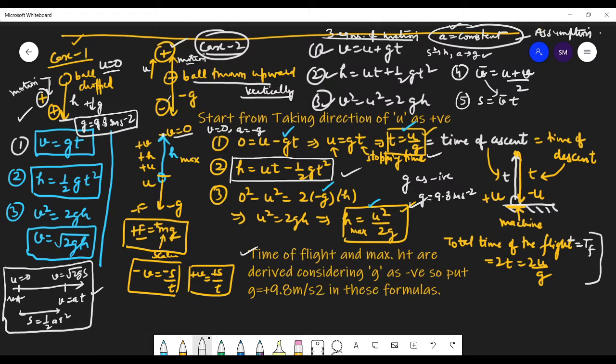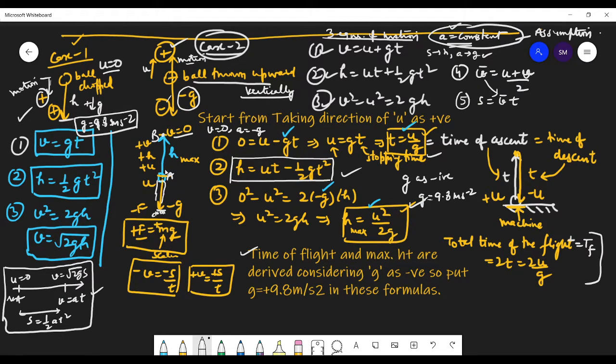Acceleration is constant, students. So g is constant. It doesn't matter where you start the ball. This is point A, this is point B, the height, and suppose it goes back to point A, or goes down to C if you have thrown it from a tower and the ground is here.